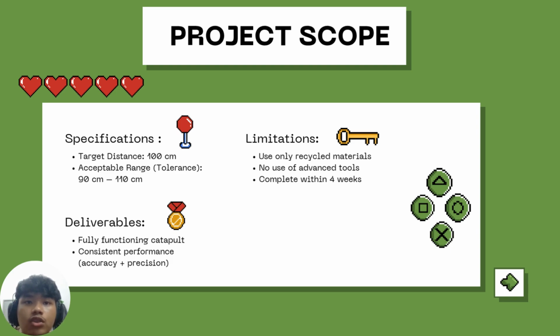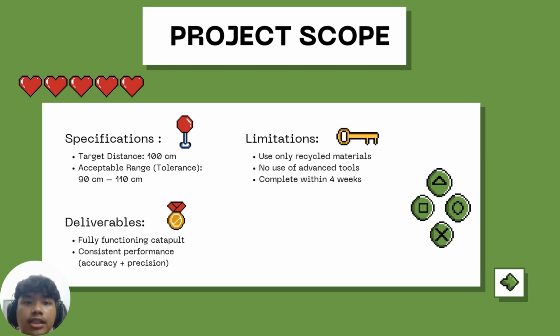This means any launch within this range will be considered successful. Next, for the deliverables, the main deliverable is a working catapult that consistently meets these specifications. It should be able to launch a ping pong ball to the target distance with minimal variation between trials.